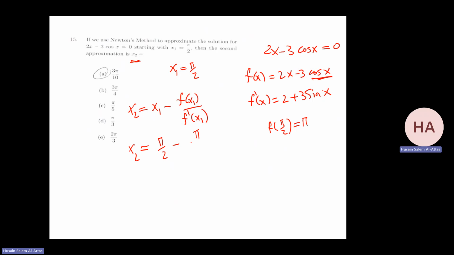So that will be pi over f prime at pi over 2, which is 2 plus 3, since sine pi over 2 is 1. That will be 5, so pi over 5. So that makes it over 10: I have 5 pi minus 2 pi, and that will be 3 pi over 10, which is this answer. So I think it's an easy thing to do. Newton's method is easy to follow. You just need to remember the formula and plug in the numbers.